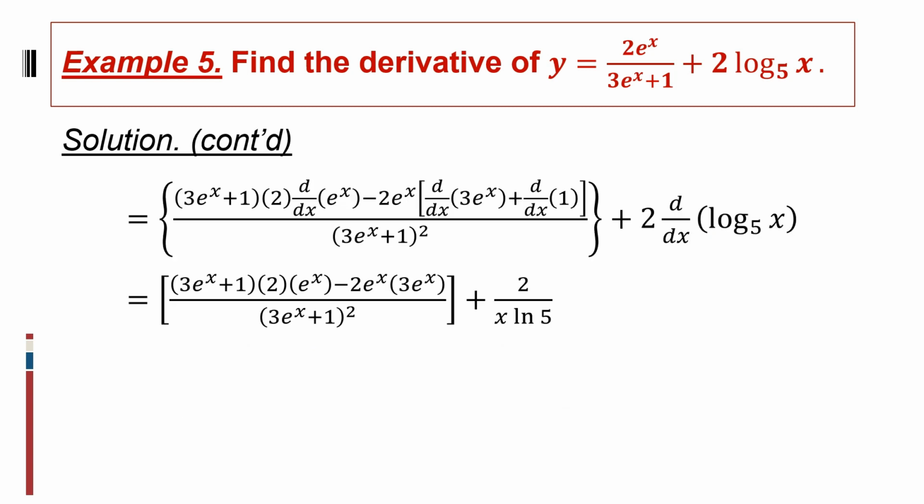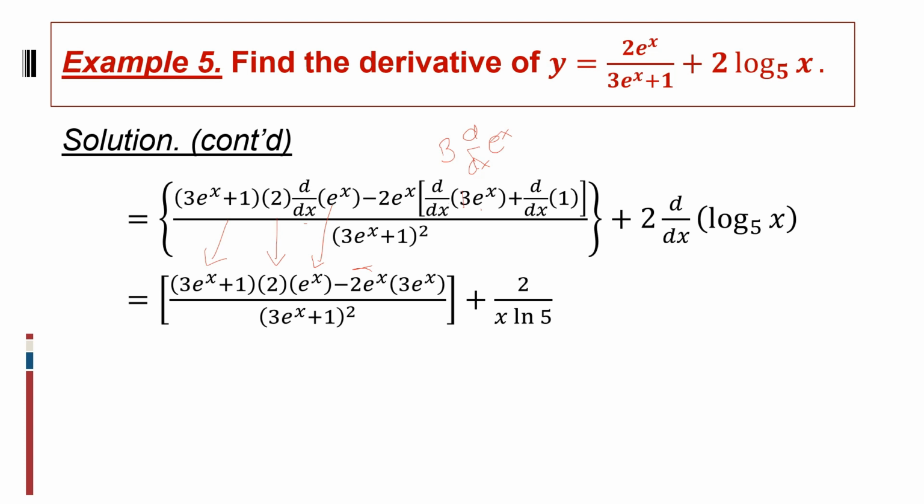Now, if we simplify that, we have 3 times e raised to x plus 1, tapos 2, derivative nito ay e raised to x lang. Minus, ito, 2 times e raised to x lang. Ano yung derivative nito? Di ba we have 3, pwede nating ilabas yung 3 dyan, parang ganyan, d over dx of e raised to x.